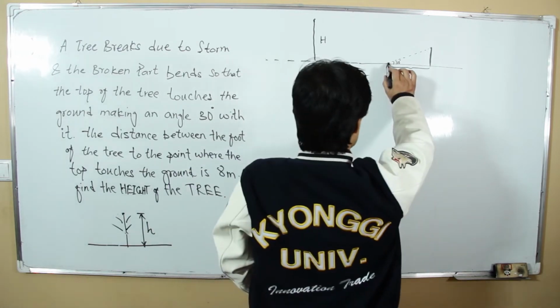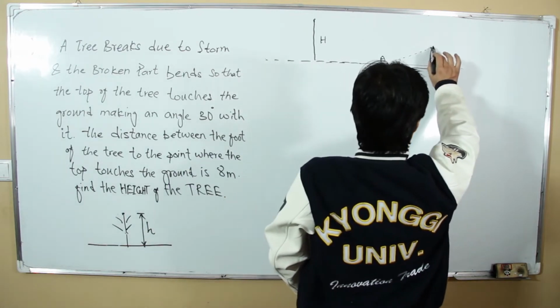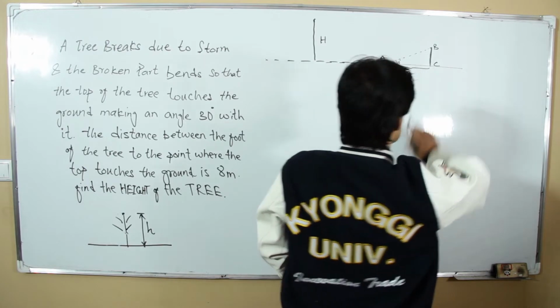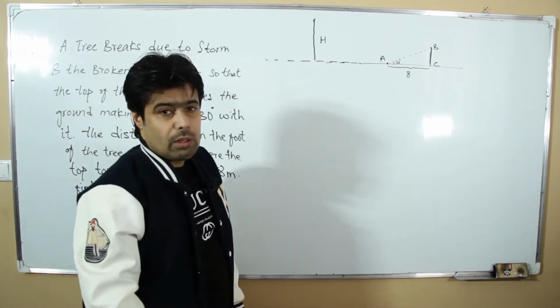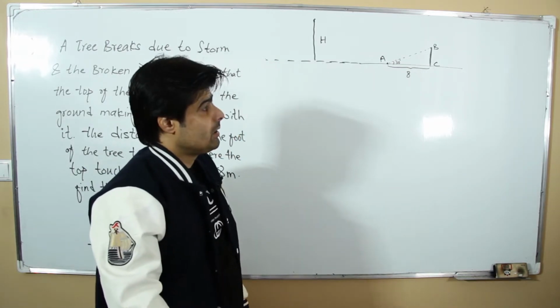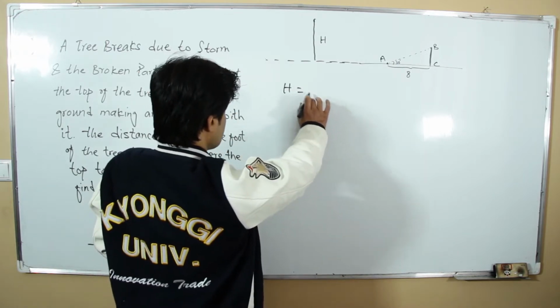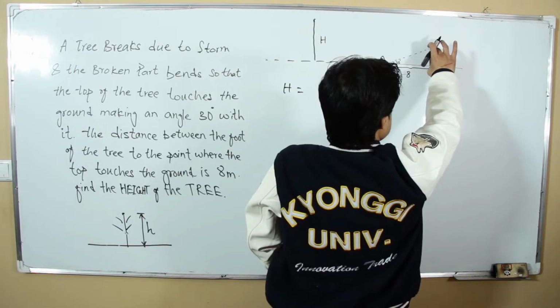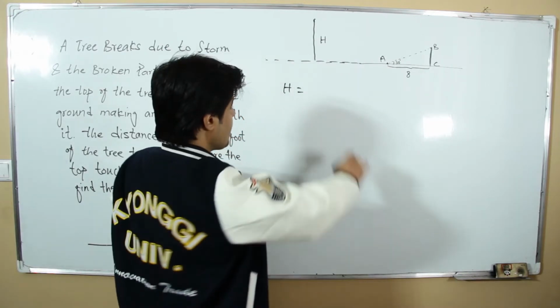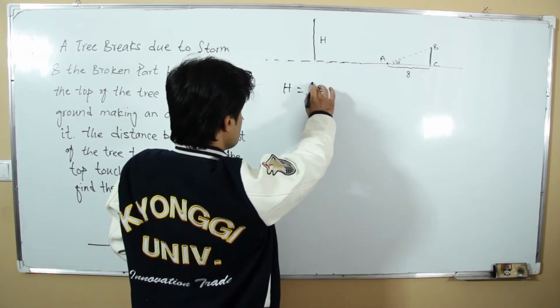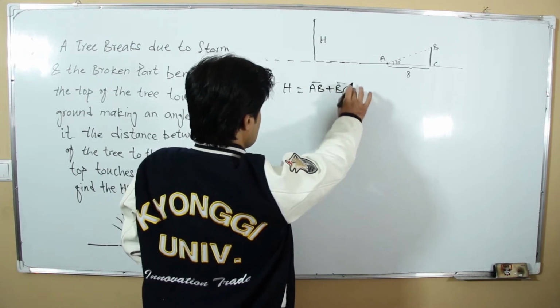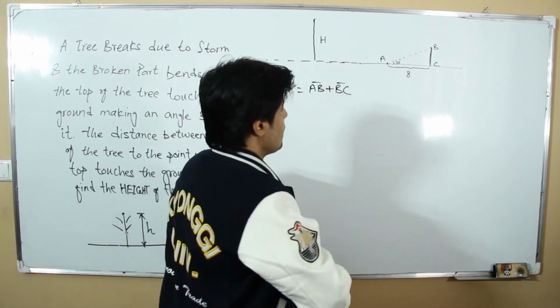If I name this one A, this is B, and this one is C, what do you think is the height of the tree? I think the height of the tree is AB plus BC. Am I right or not? Yes.